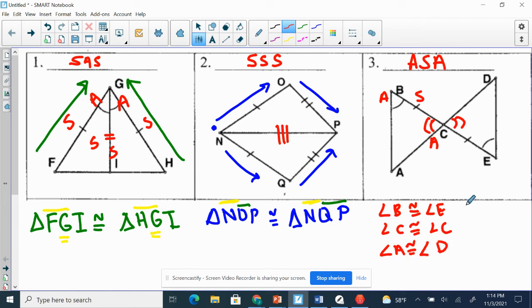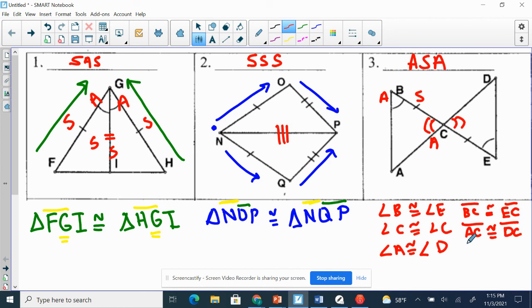And then sides, so side BC. So that's this angle mark, B to C. So it needs to be E to C because E and B match. Congruent to EC. And again, I cannot say enough, the order matters. So then if this side is congruent to this side, then if we wanted to do AC, we're starting on the outside, working in, so we need to start on the outside and work in, DC.